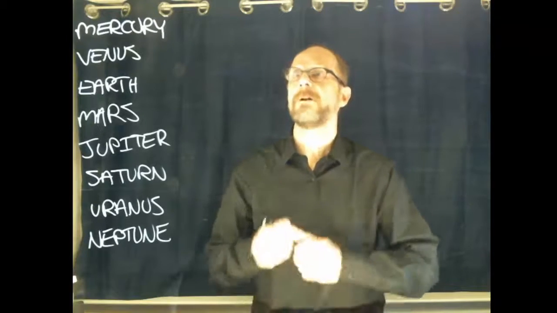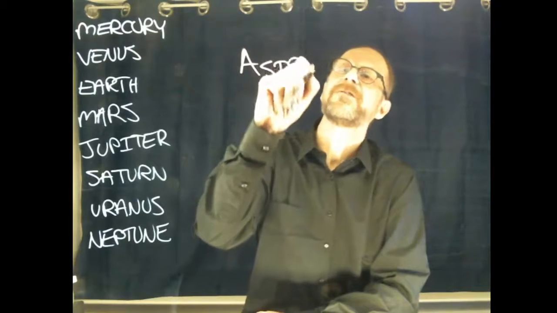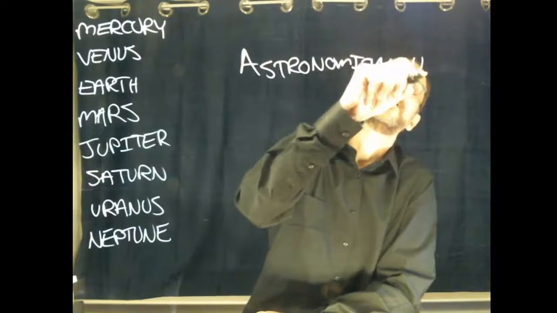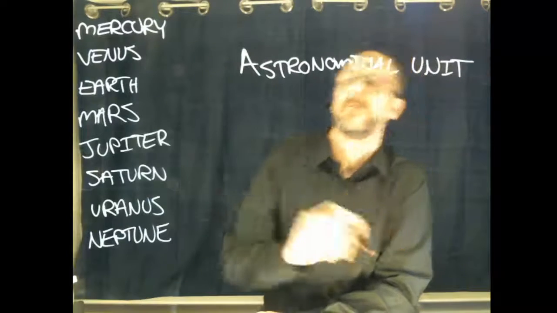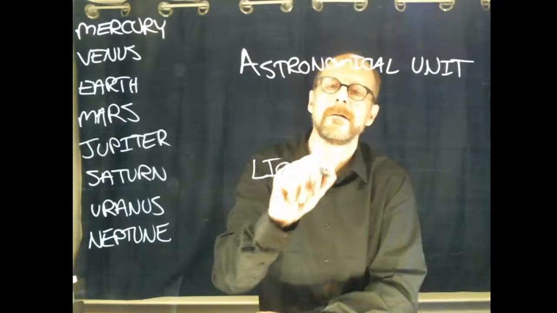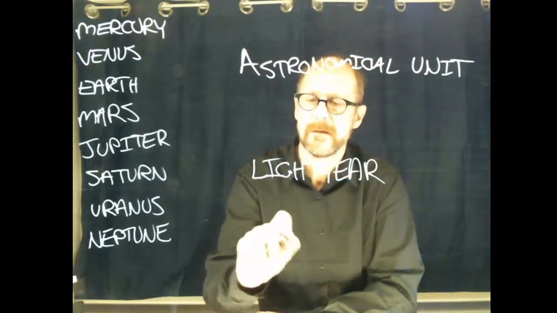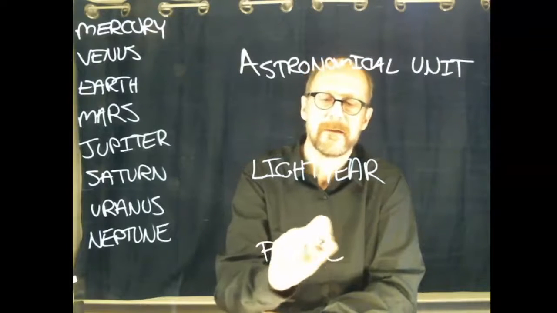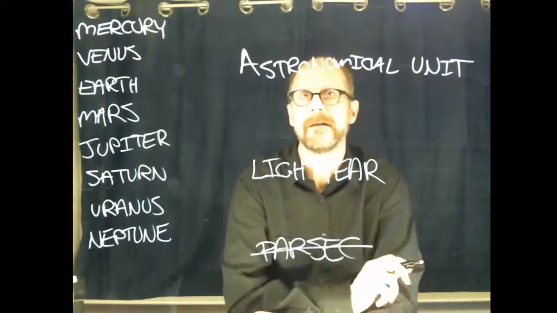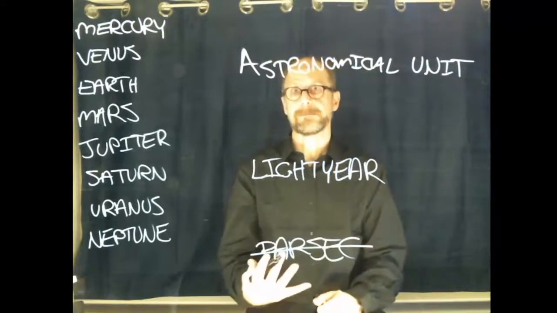The most common of these being the astronomical unit, the light year, and the parsec. Now the parsec we're not going to deal with today, but we will talk about the astronomical unit and the light year.